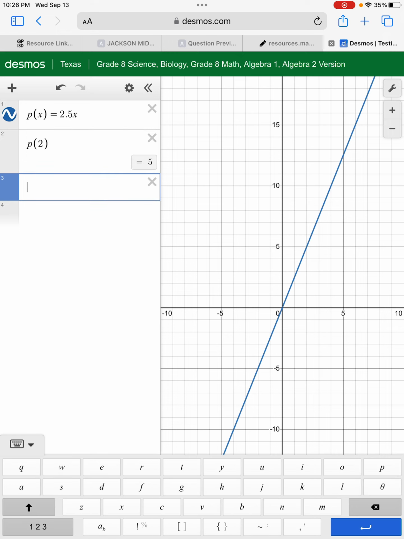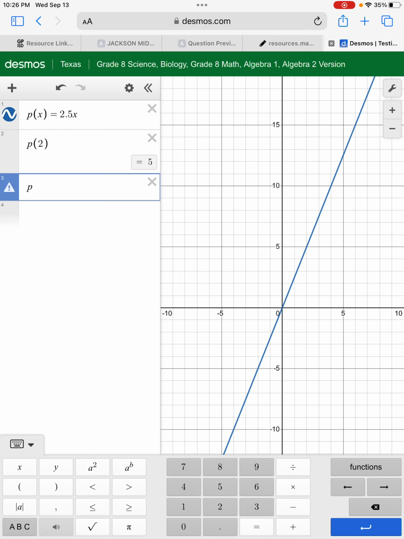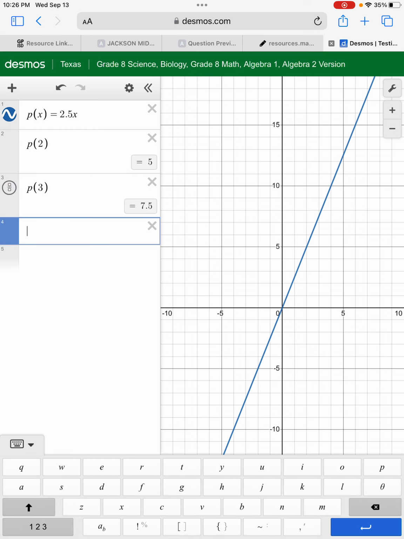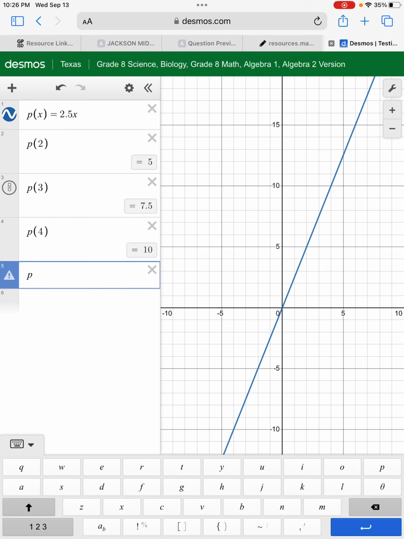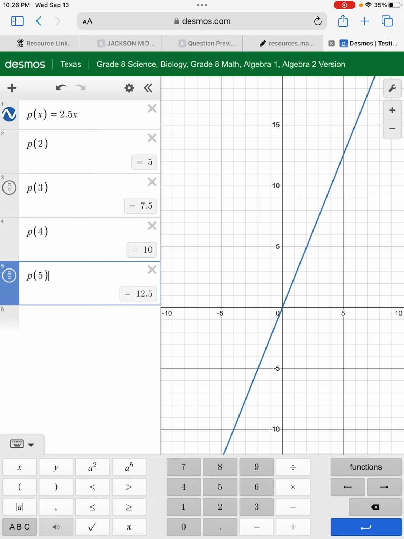She also could buy 3, so p of 3 would give me 7.5 as my cost. She could also buy 4, so I get 10 as my cost. What about 5? p of 5 is 12.5. And lastly, p of 6 is 15.